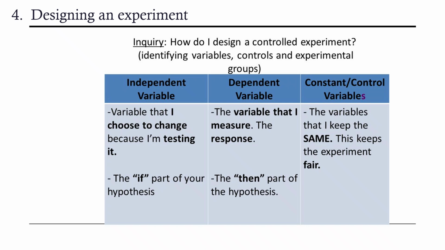So if I had started my hypothesis with, if I added biofertilizer, the independent variable, then I will see significant growth, the dependent variable. So plant growth in that instance would be my dependent variable.